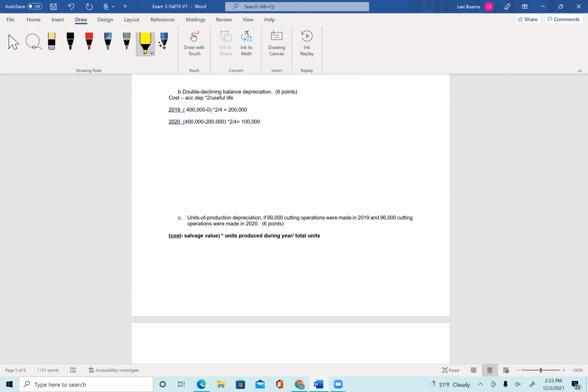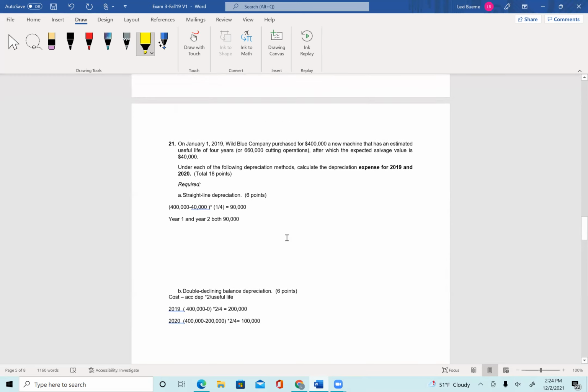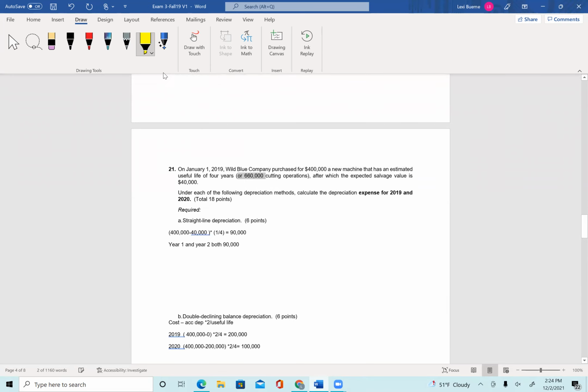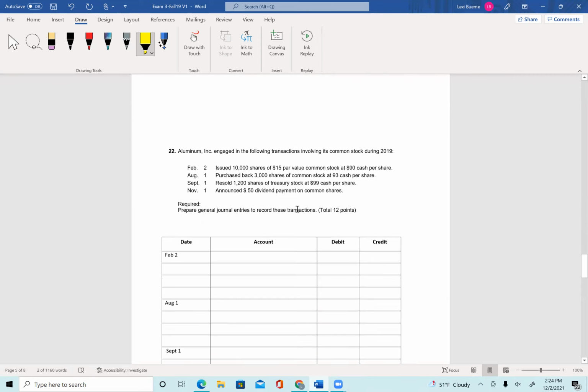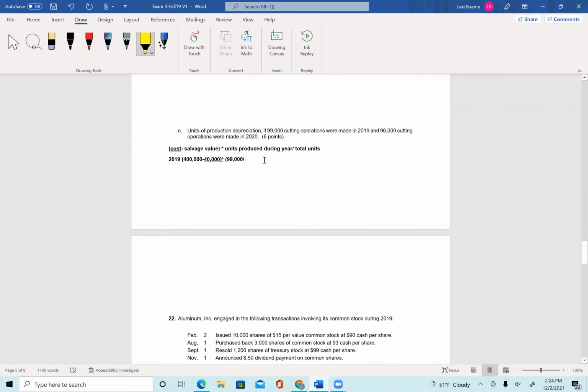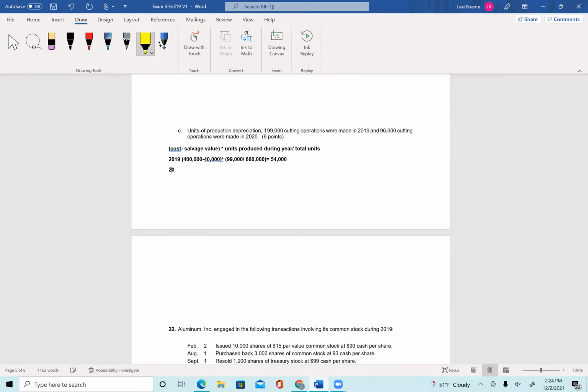So that is going to be for 2019, 400,000 minus 40,000 times 99,000. That's the amount for 2019. Divided by the total 660, which is found up here. So 660, that's going to equal 54,000 for 2020.